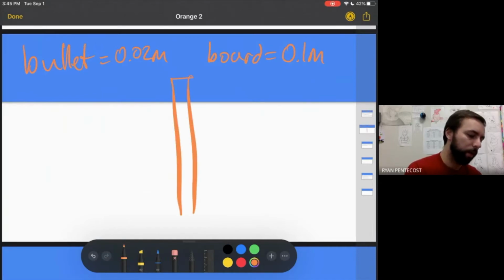So we have a bullet. Well, let's get a better bullet, shall we? That's not much better. We've got a bullet that is 2 centimeters in size. Let me blow that bullet up so you can actually see the issue that we're talking about. So as that bullet hits the board, it hits the board right at the point of the bullet. Now let me put this a little bit more to scale.